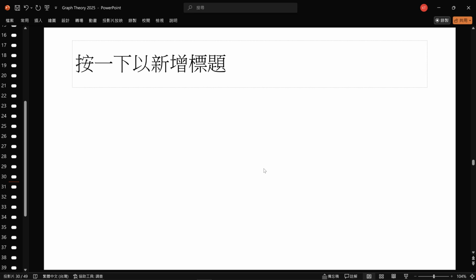And in this case, we just remove the edges between Vn and V1 up to V delta. And that's it.